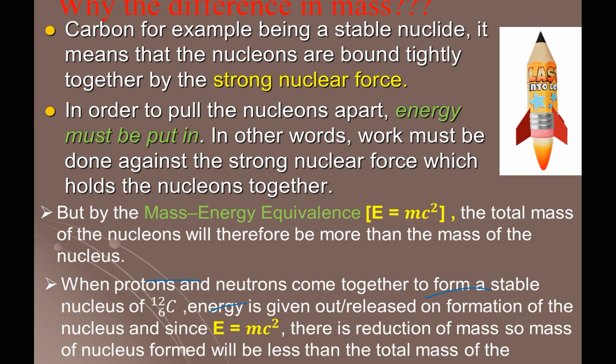So the mass of the nucleus formed will be less than the total mass of the nucleons themselves. So in separating the nucleons, energy is added, which results in excess mass of the nucleons. In bringing the nucleons together to form a stable nucleus, energy is given out. Because energy is lost, the total mass of the nucleus formed is going to be smaller. That is what we are calling the mass defect or the mass excess.